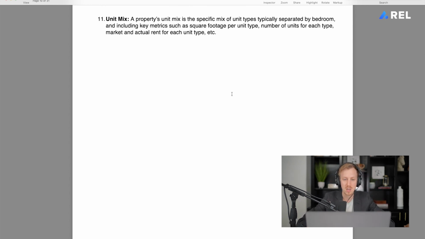In a unit mix we're going to see how many units of each type there are, what's the square footage, how many bedrooms, how many bathrooms, and how many are occupied, what are the average effective rents they're currently getting for each unit type, and what are the market rents for each unit type, like what should they be getting. It basically just breaks down what different types of apartments are at a property.